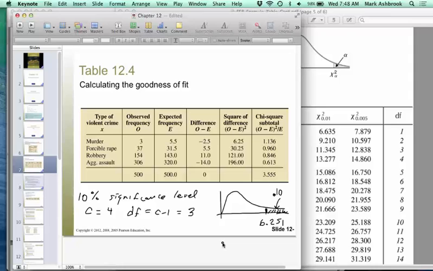And remember what that significance level was. We talked about it when we first started, but it's probably slipped away what that means. That was the probability of a type 1 error.